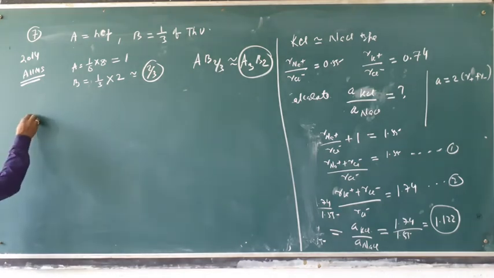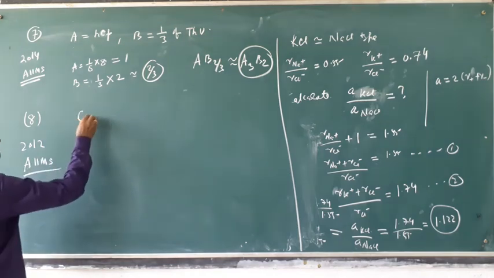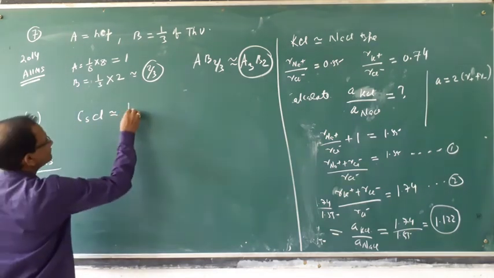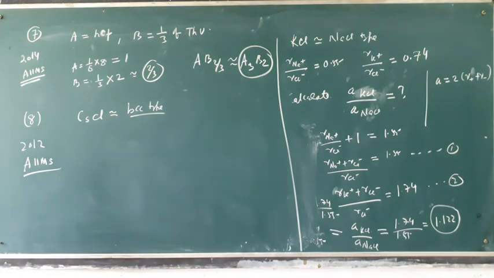Okay. Then question number 8, that is a 2012 AIIMS question. The question is like this: cesium chloride is BCC type.